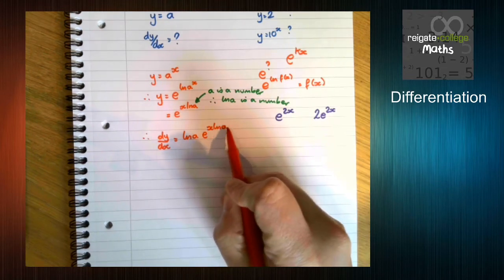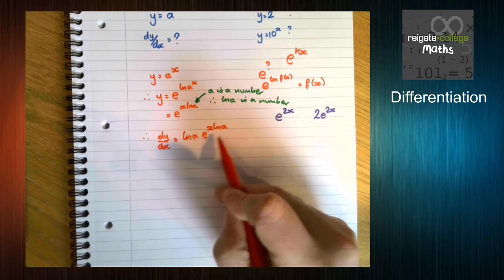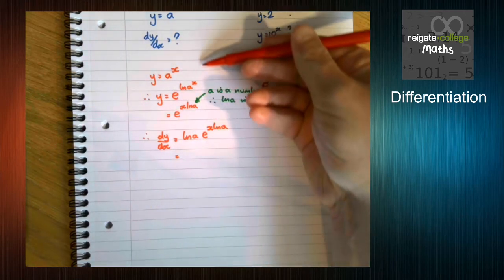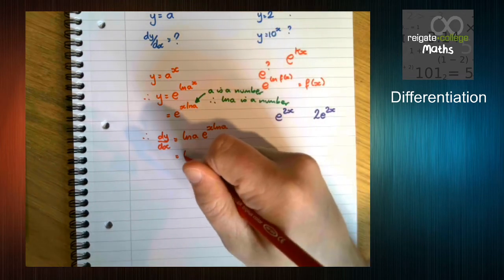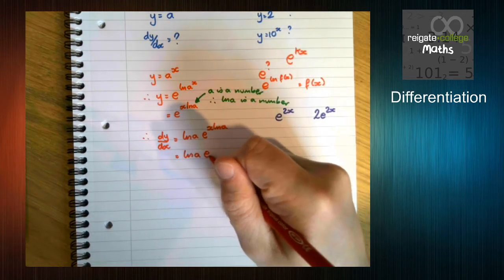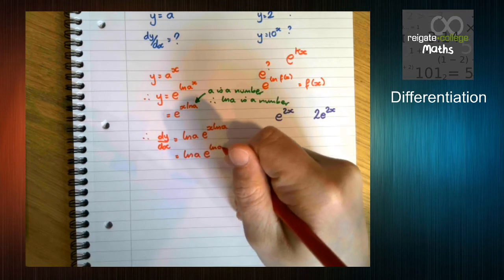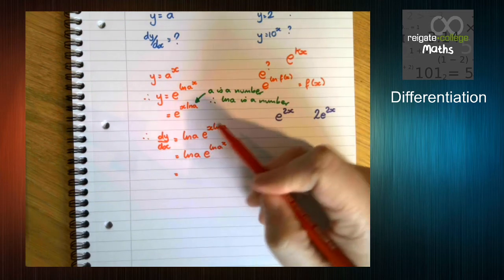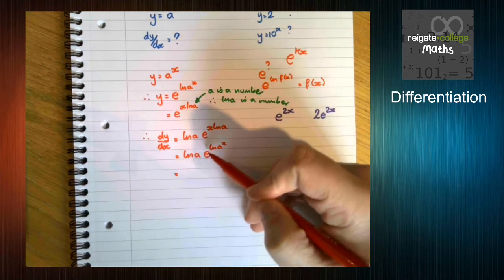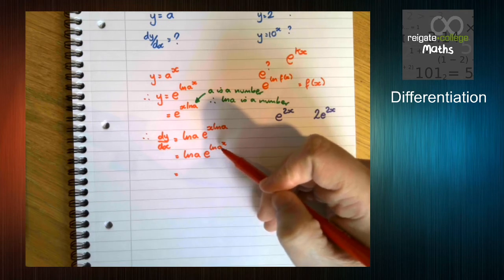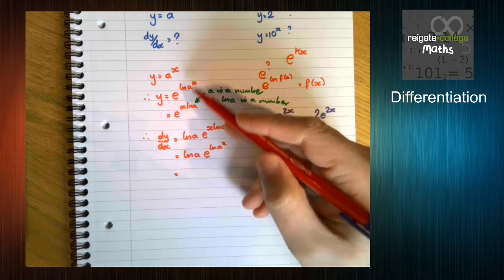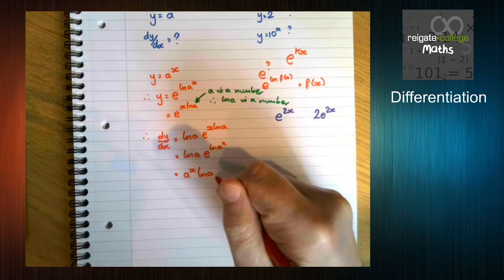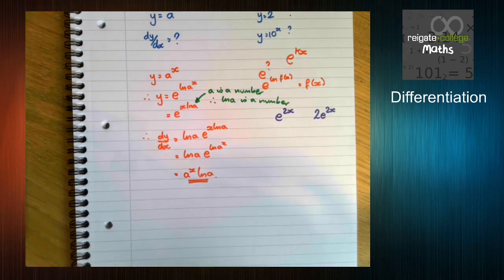We now have to simplify this bit, and we do that by doing this process backwards. And then just to make it look nicer, the e and the ln cancel out, just leaving a to the x, which is, as we saw here, just in reverse. But just to make it read nicer, I'm going to stick it on the front.